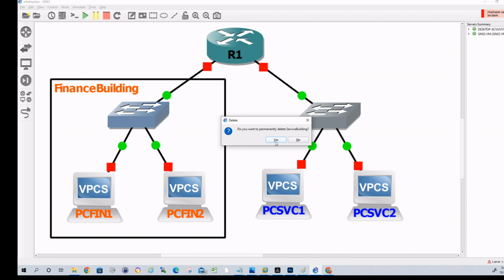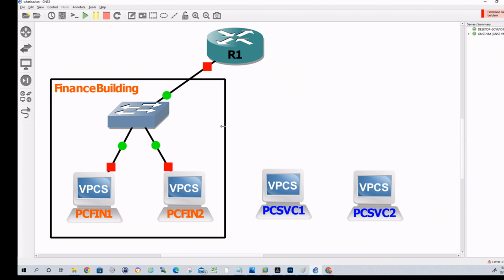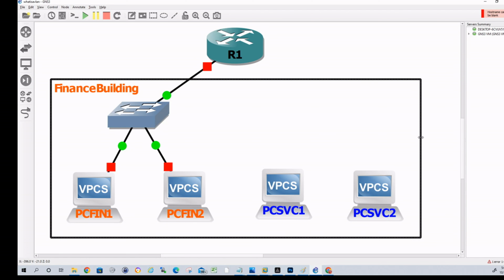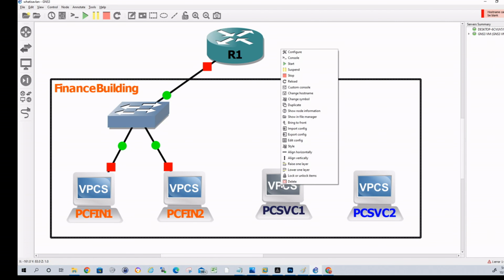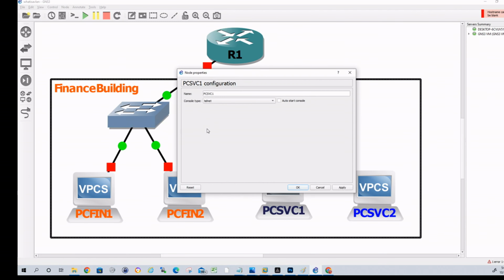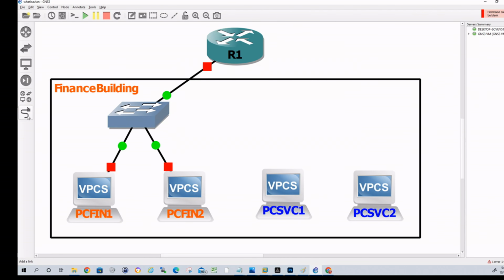So this switch is gone. And now we have these two PCs that belong to the service department all of a sudden sitting in the finance building. So let's get them connected. They need some network connectivity here to do their job, if it'll let me.